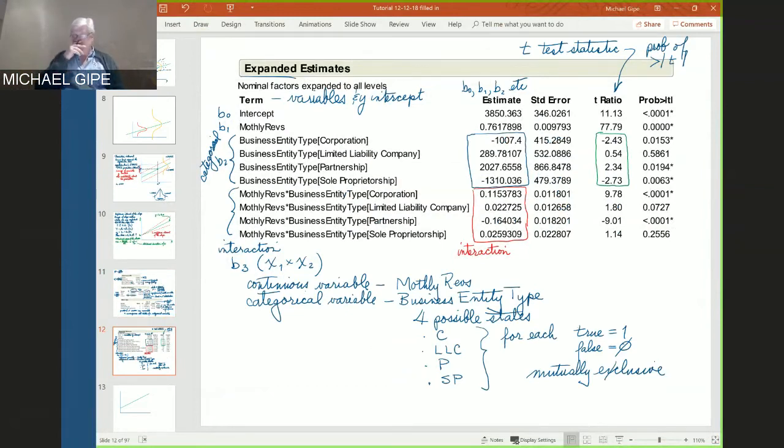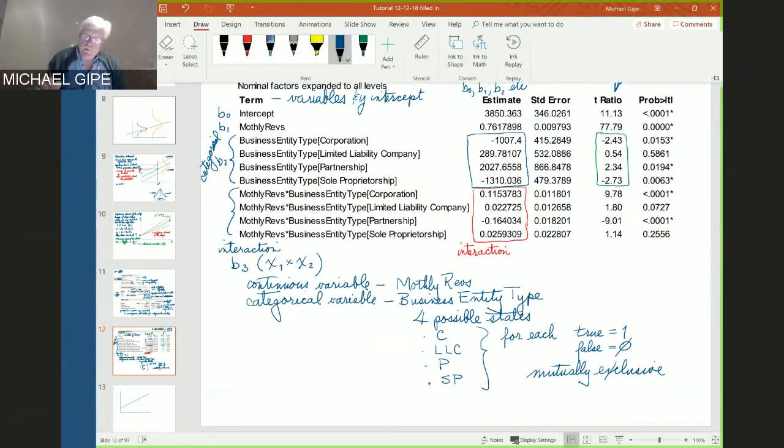So if you take any particular data observation from your sample and you look at it, that particular company can only be a corporation or an LLC or a partnership or a sole proprietorship, but it can't be more than one of those things. It can't be a partnership and a C corp at the same time. So only one of those can be true. And so you can see when you build a model, only one of those estimates comes into account for any particular type of business.